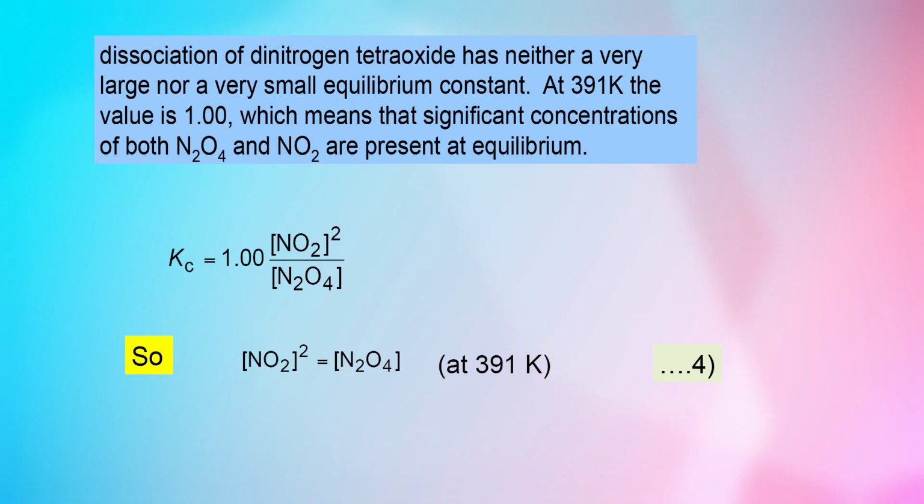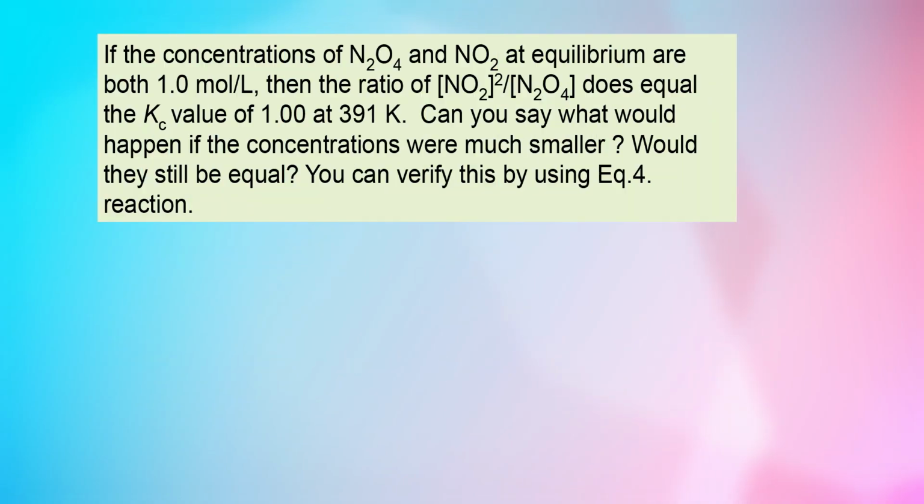So, NO2 squared is equal to N2O4 at 391 Kelvin. So, if you put both the values as 1 mole per liter, then Kc will be 1.